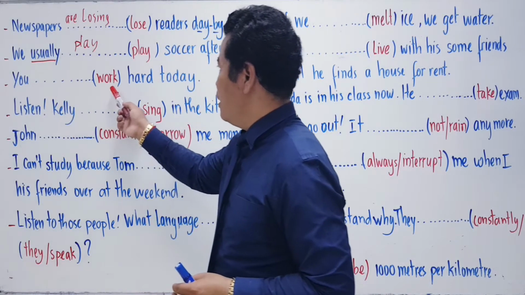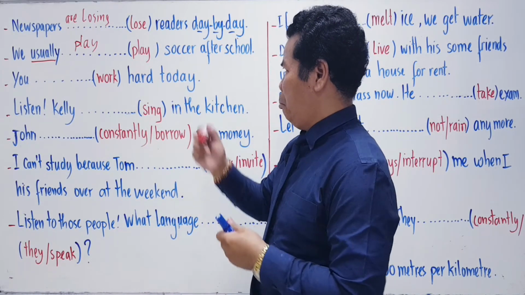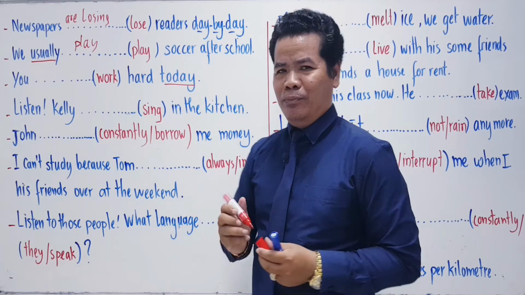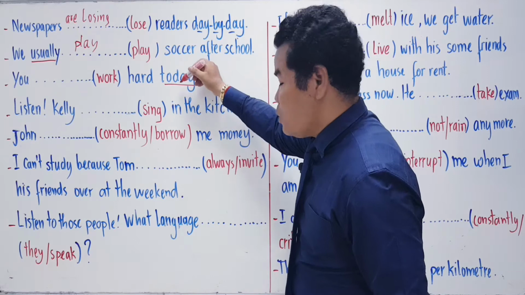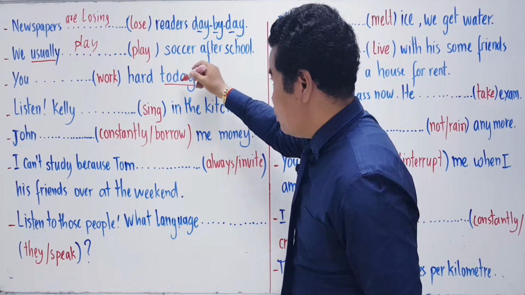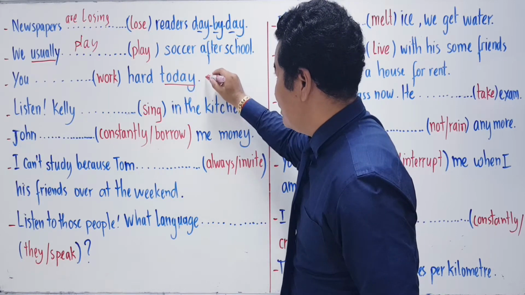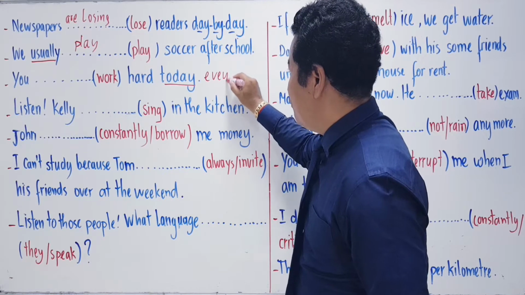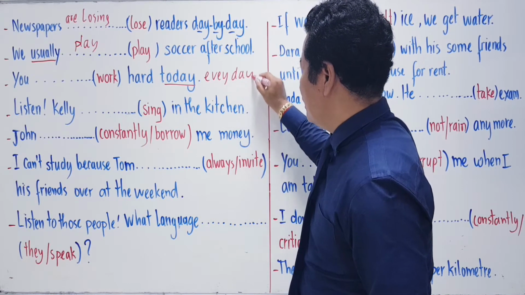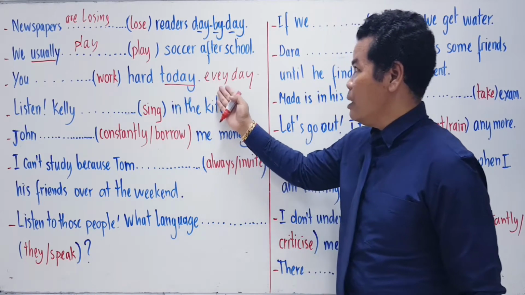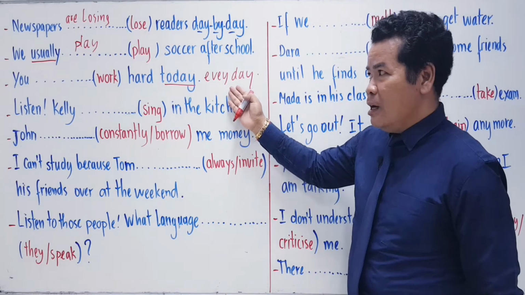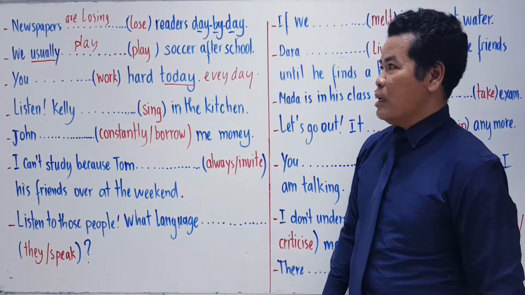You work hard today. For example, if I don't use the word today, I use every day. When I change today to every day instead, what tense are we using?